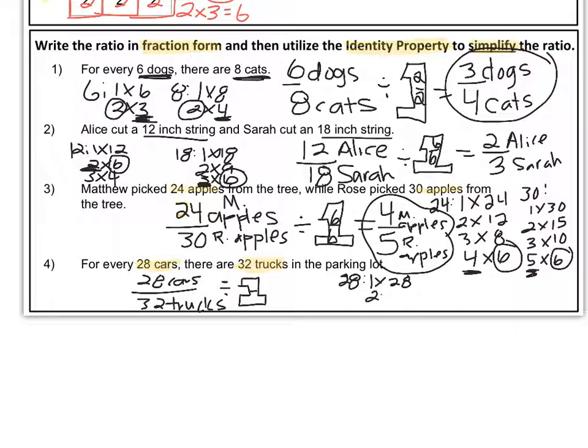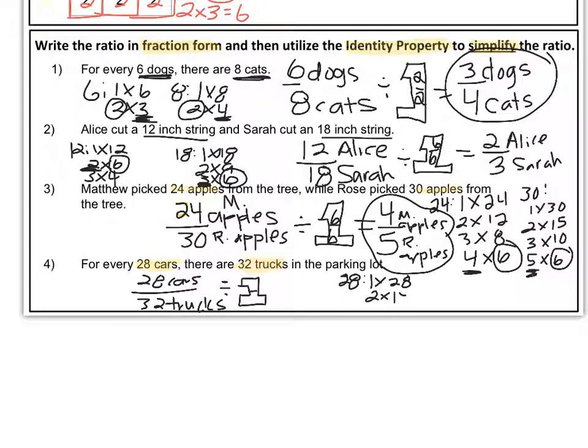2 will work because 28 is an even number. 2 and 14. Will 3 times something make 28? 3 times what? 3 times 8 is 24.